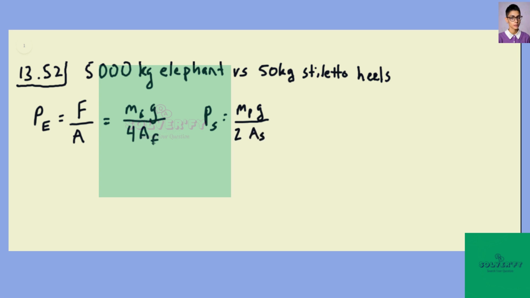So now if these were equal, then we'd have the mass of our elephant times g divided by 4 times the area of the elephant foot would be equal to the mass of our person times g divided by 2 times the area of the shoe. So g cancels.